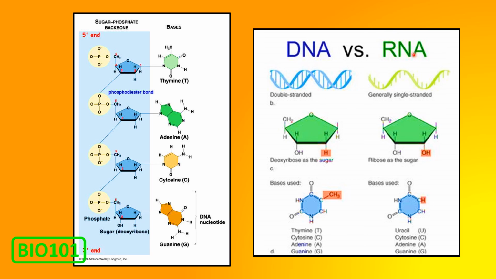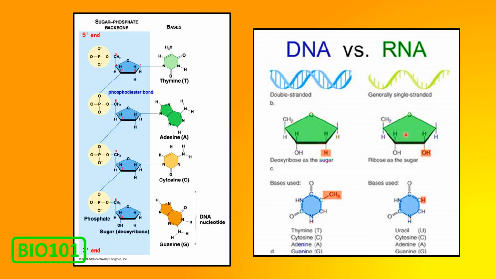Okay, so first let's look over here, DNA and RNA. Now, DNA, as we'll learn, is a double-stranded molecule. It looks like a little twisted ladder. We call it the double helix. RNA is a single-stranded molecule.